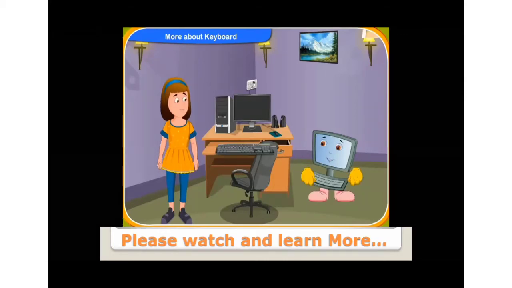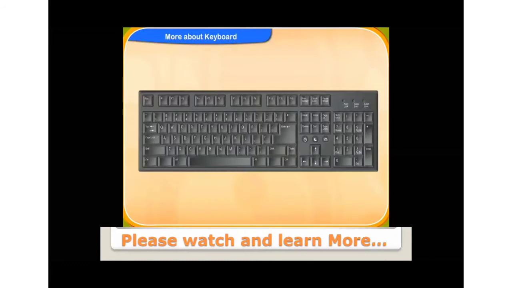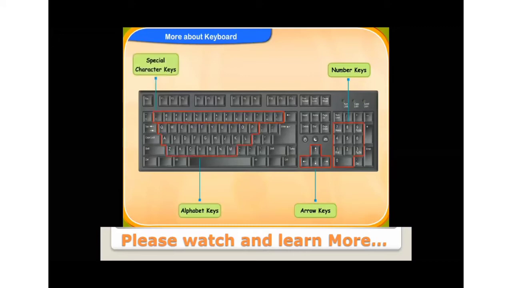Well, we use the keyboard to type numbers, words, and symbols on the computer. Correct. A keyboard has 6 different types of keys on it. What are they, Kiko? These are the number keys, arrow keys, alphabet keys, special character keys, function keys, and special keys. Tell me more about them.